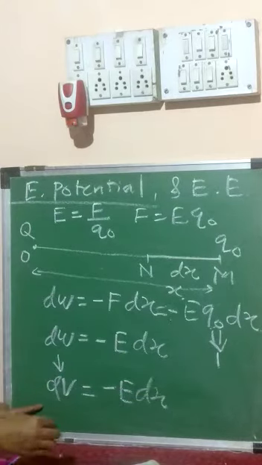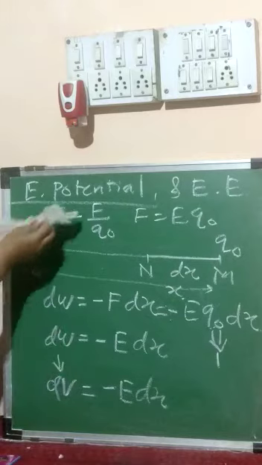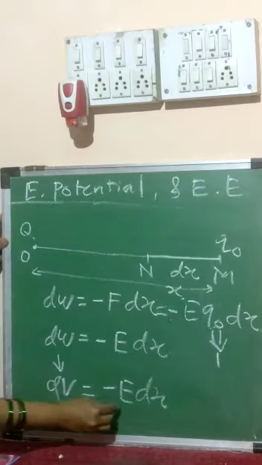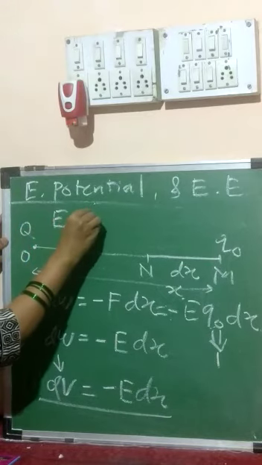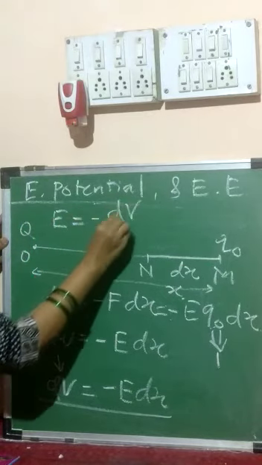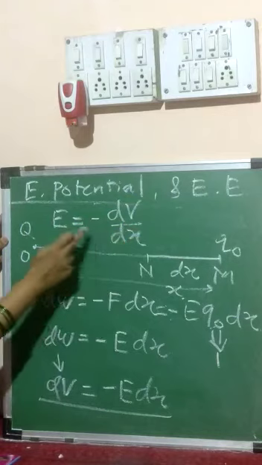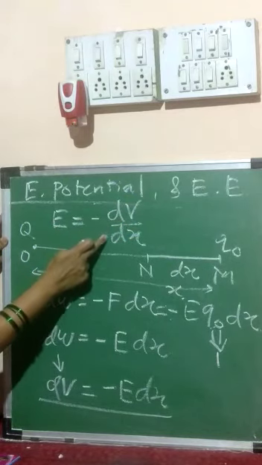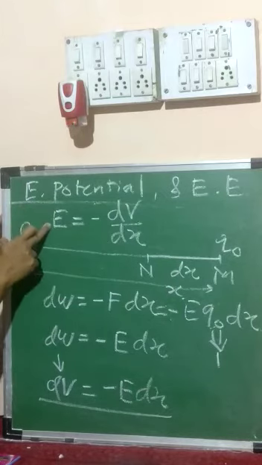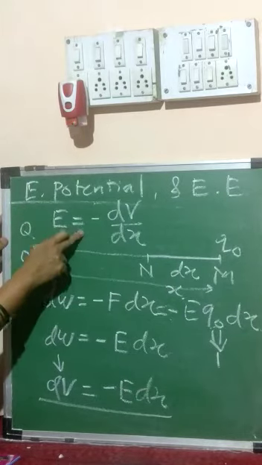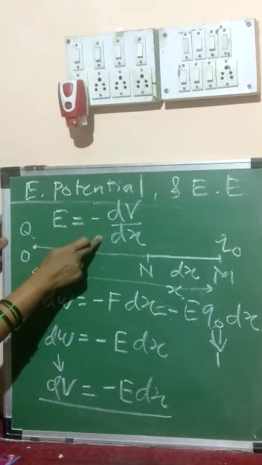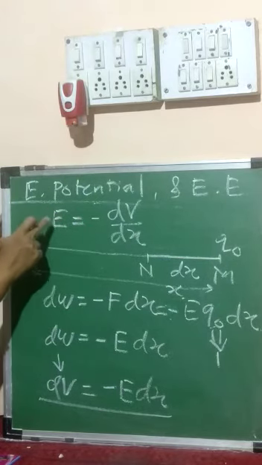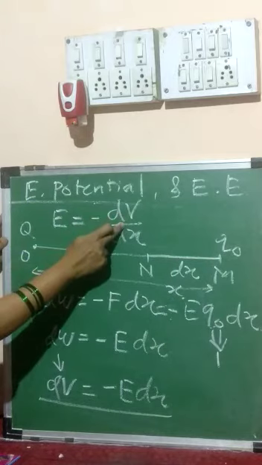Now I get a relation: intensity E is equal to minus dV upon dx. This quantity dV upon dx is called the potential gradient. So electric intensity is equal to the negative of the potential gradient, and that is the relation between intensity and electric potential.